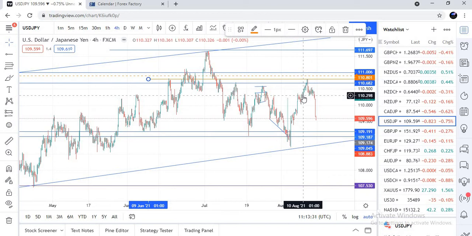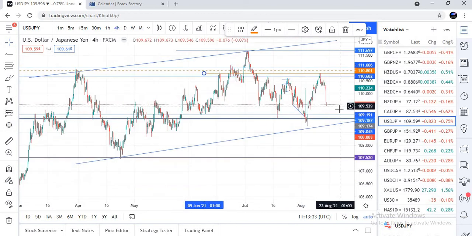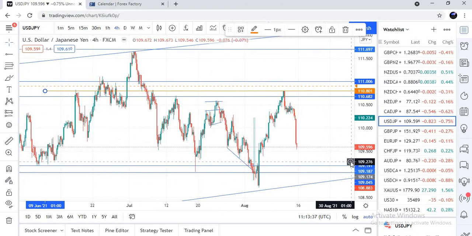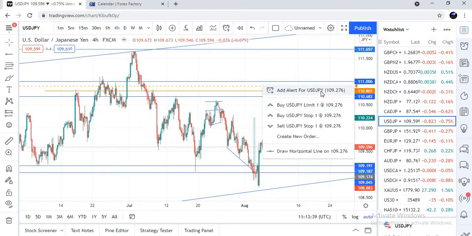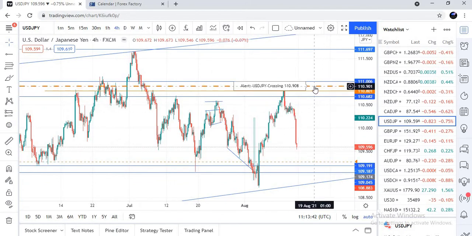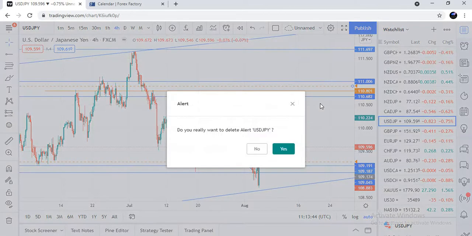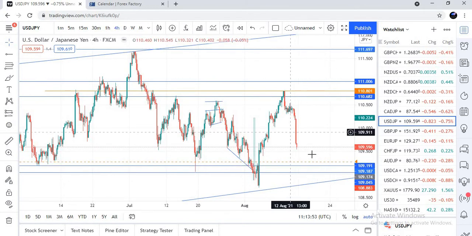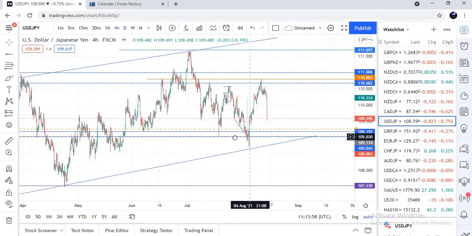So for USDJPY, we are going to be watching if the market is going to react to this level this week. So we're going to be setting an alert for this level for this week. So we're just going to wait for the price to get to this level, and it's going to alert us, and we're going to watch how the movement of this pair is going to react to this support level, and we're going to be trading it.